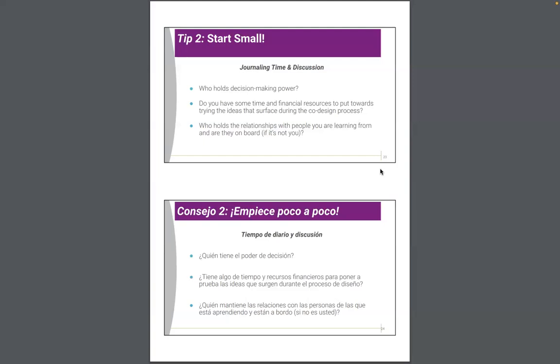I'll share a quick example here. When Reschool first partnered with families that were associated to Boulder Housing Partners, which is an affordable housing space in Colorado, we partnered with 7 families.